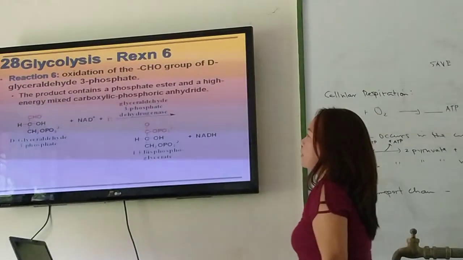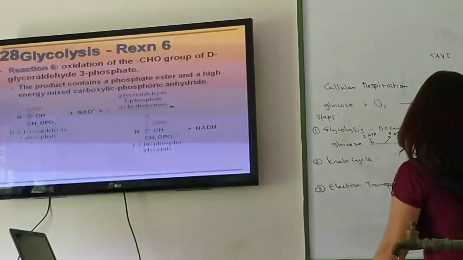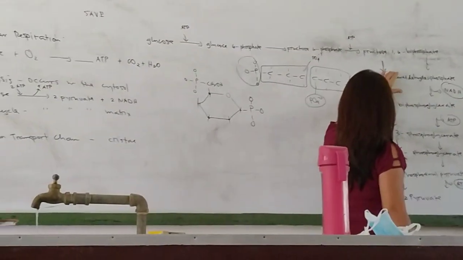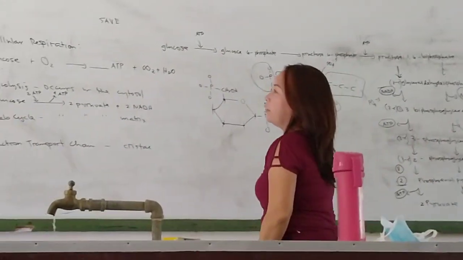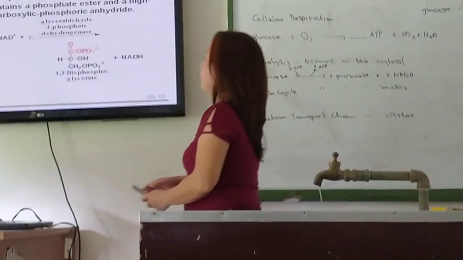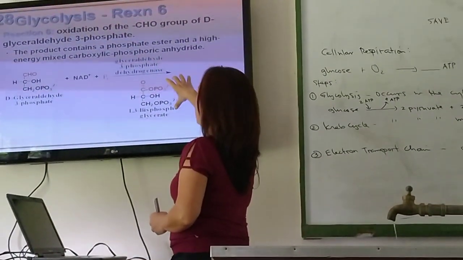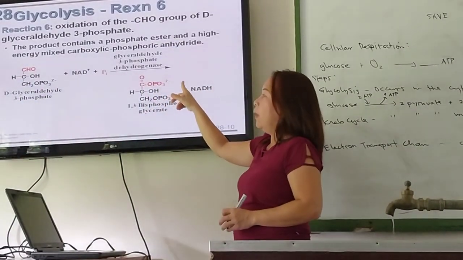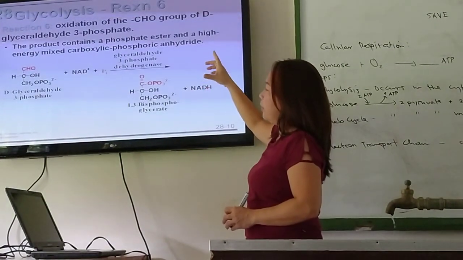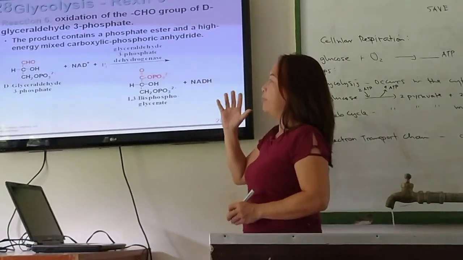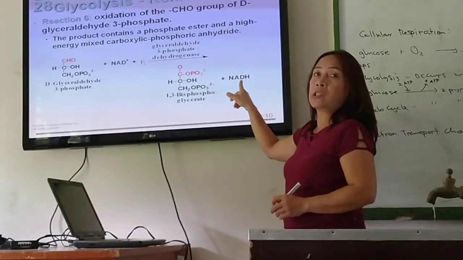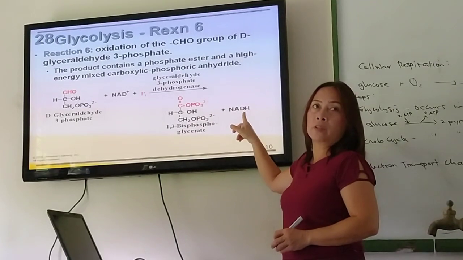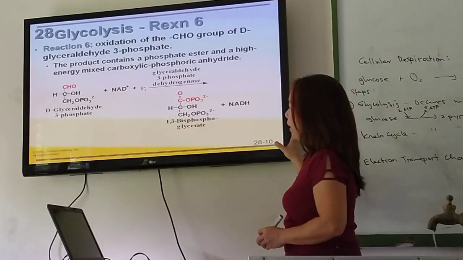Now, reaction 6. Here, the glyceraldehyde 3-phosphate would undergo oxidation, so there is now a release of electrons which is accepted by the NAD. So the NAD undergoes a reduction reaction.